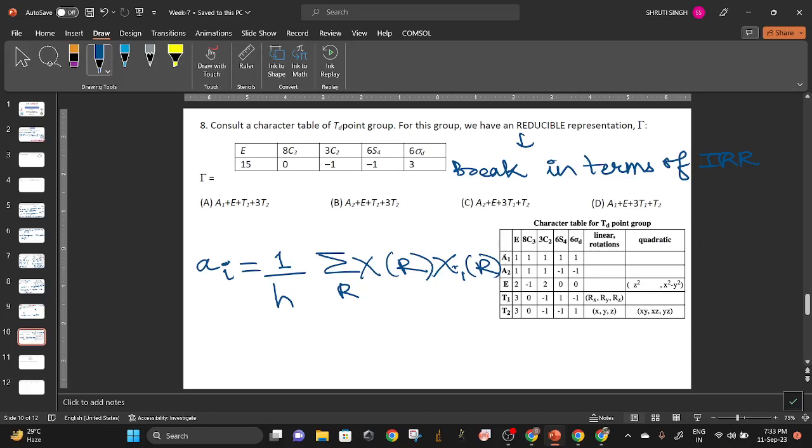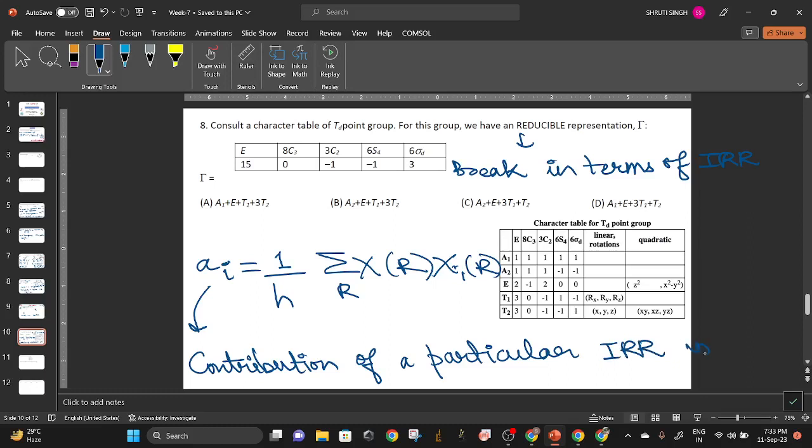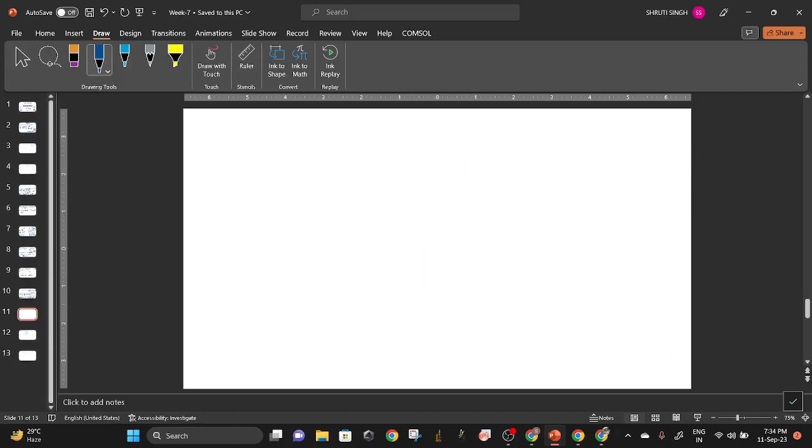Here we have 5 irreducible representations, so we will get 5 a_i values. Okay, let's start with the first.